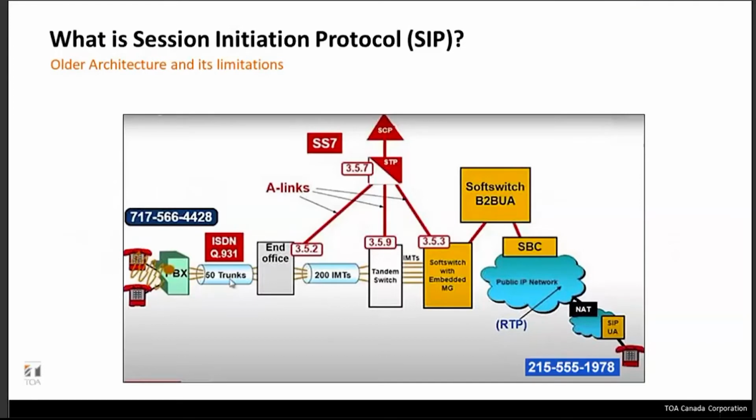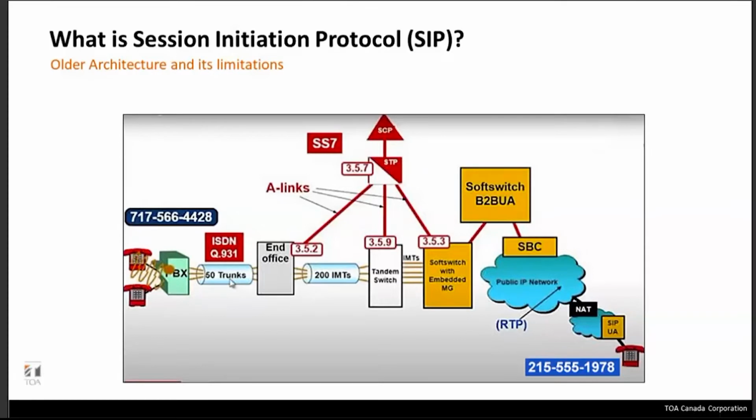The second thing is, as we are discussing the older architecture and the newer architecture, which is SIP. You all remember in the old days, we dialed the number and picked up the phone, which ran on a 50 volt system, and that 50 volt system gave you a ringer and call signaling.